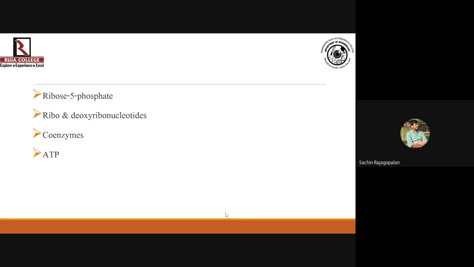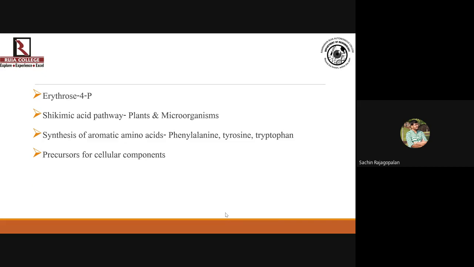We have already discussed that ribose 5-phosphate or pentoses are another significant product coming out of the triple P or the HMP pathway. Pentoses are very, very important to form nucleotides, whether it is for RNA or it is for DNA. Also, for several coenzymes, production of ATP, you are going to require pentoses as the precursor molecules.